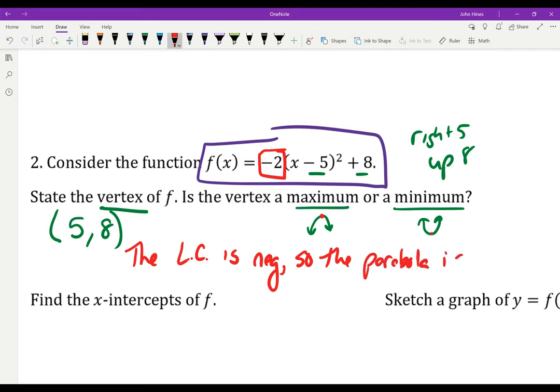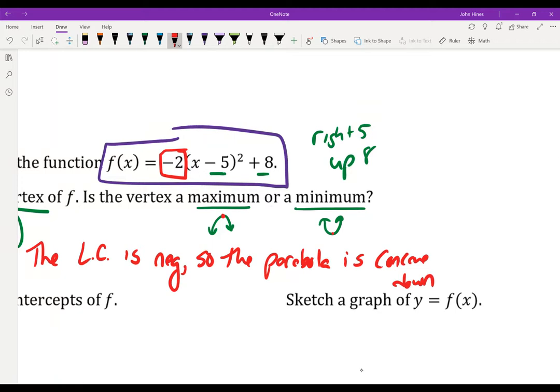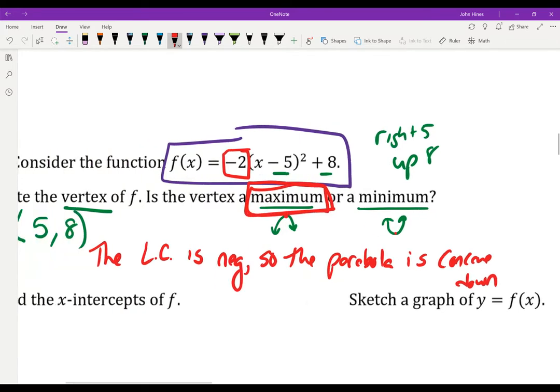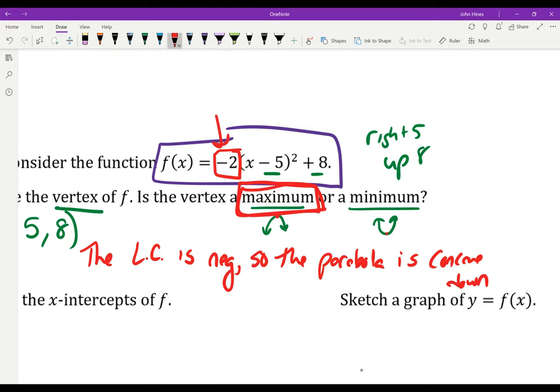So if I'm concave down, do I have a maximum or a minimum? If I'm a frowny face parabola, that vertex is the king of the hill. It's a maximum. So this leading coefficient here is very powerful. The leading coefficient determines, do you open upward or do you open downward?